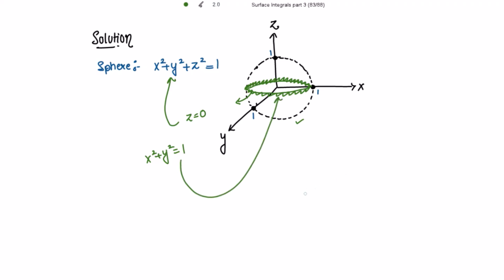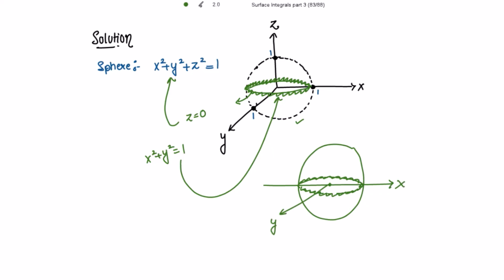It's like if I cut this sphere into two parts, I get the shape of the circle as the boundary of the sphere. So this is the circle C I am getting, which is intersecting this xy plane where z is 0.